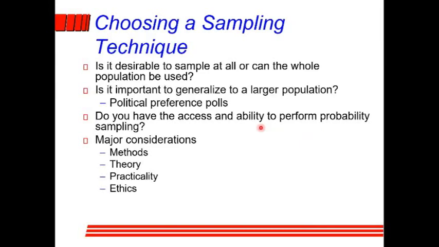So, dapat i-consider pa rin natin paano ba natin siya mapo-perform. And then yung other considerations natin, syempre, ito is mostly ginagamit yung probability sampling and non-probability sampling sa mga research. So, ang consideration natin dito is yung methods for the methodology natin, yung mga theories, practicality, and also yung ethics. Yan, yung mga dapat daw i-consider natin.